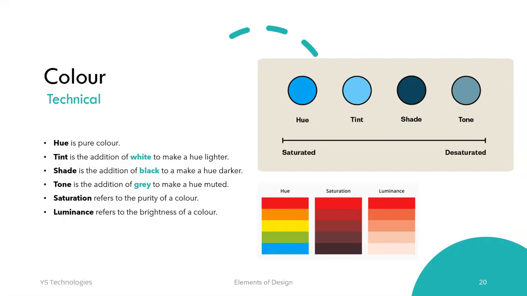So you combine the primary colors in different ways to generate hues. For example, red, orange, yellow, green, blue, blue-green, aquamarine, and so on. And then you add white to create tints of it. You add black to create shades of it, or you add both to create tones of it.